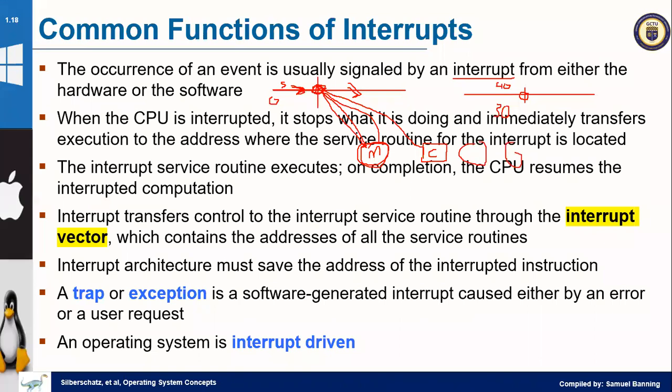So whenever the interrupt comes, there is a vector. That vector will contain the address, and that address will point to these interrupt service routines. So it is like the GPS telling the CPU what to do. Based on the GPS address, you will route to the right interrupt service.